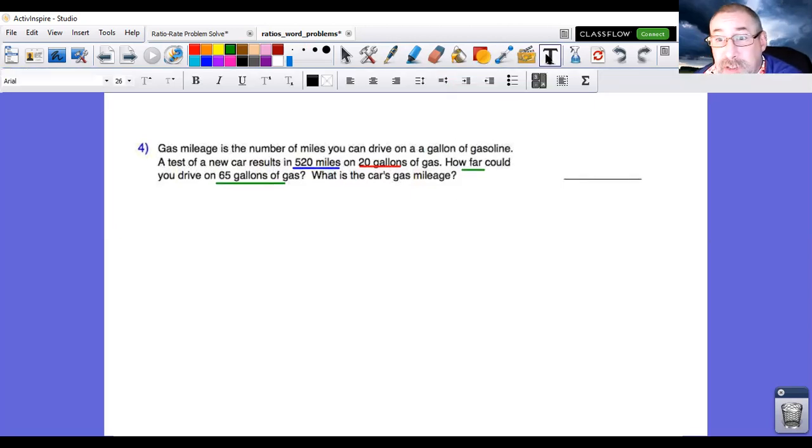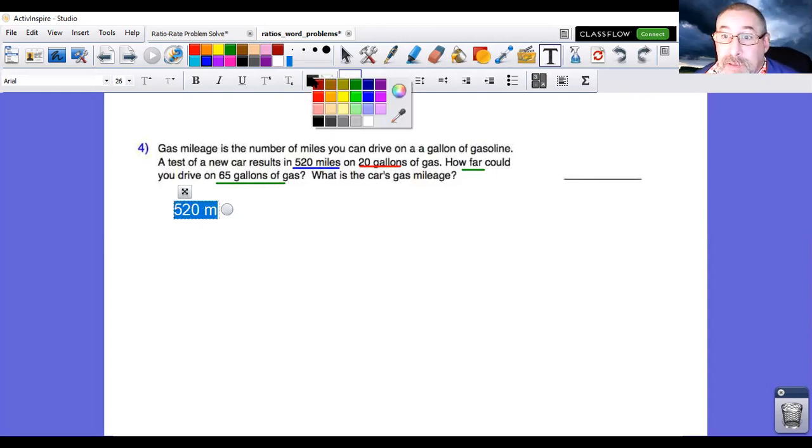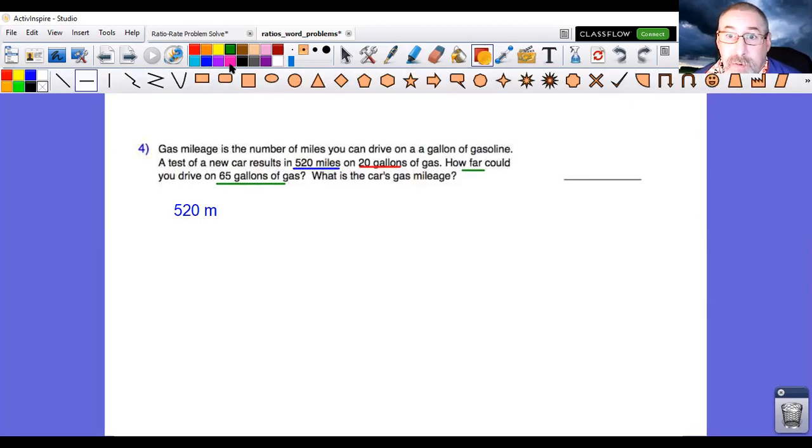So we're first going to set up our ratio. Miles per gallon. So 520 miles, we're going to put this over our 20 gallons.